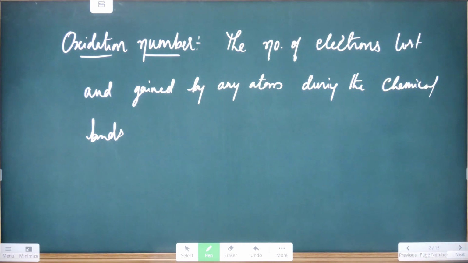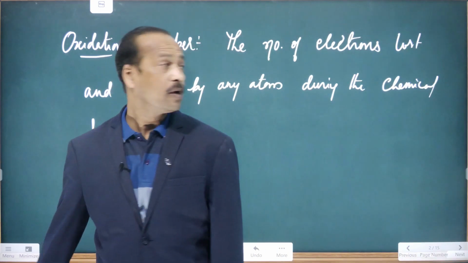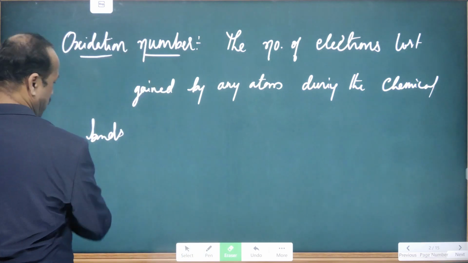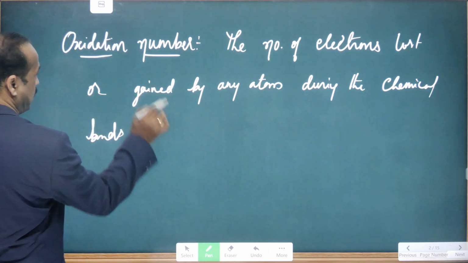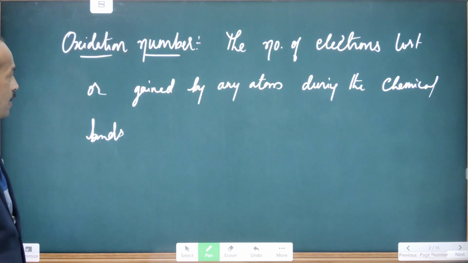So what is oxidation number? Oxidation number is the number of electrons lost or gained, instead of "and" we can write "or", by any atom during the chemical bonds.